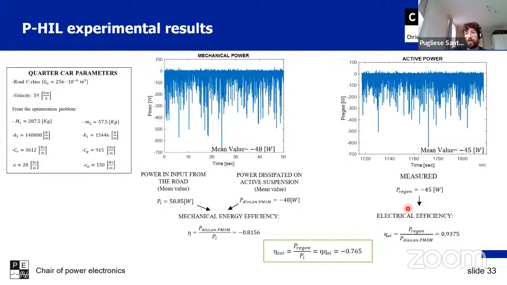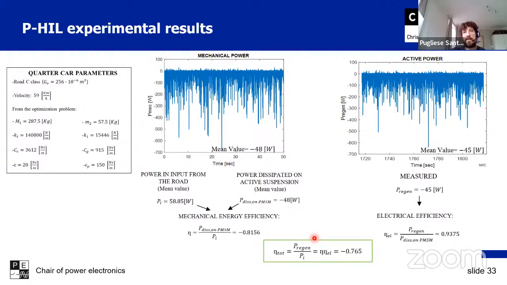So at the end, we are regenerating 45 watt over the 58. Of course, the total overall efficiency is the product of the mechanical and electrical efficiency. So this means that if we choose properly, we can even regenerate.